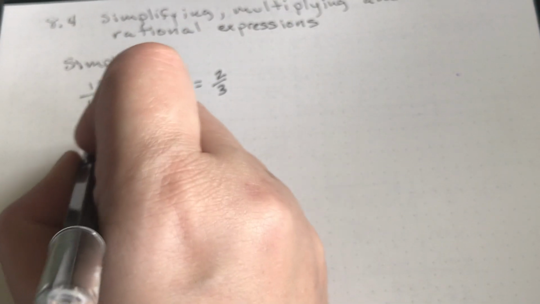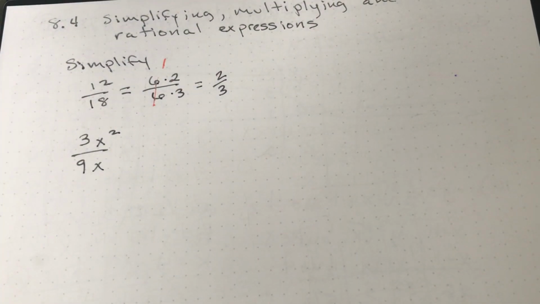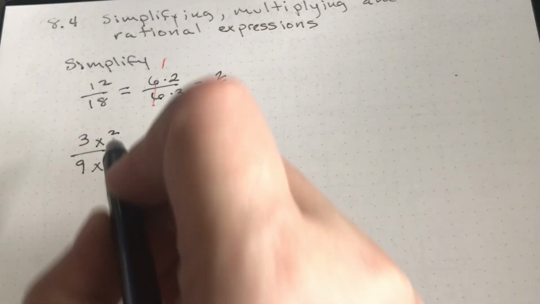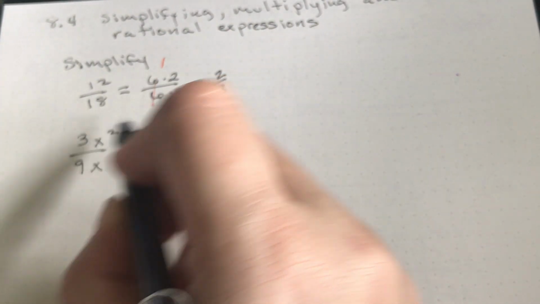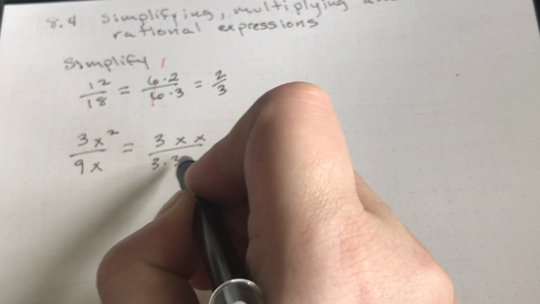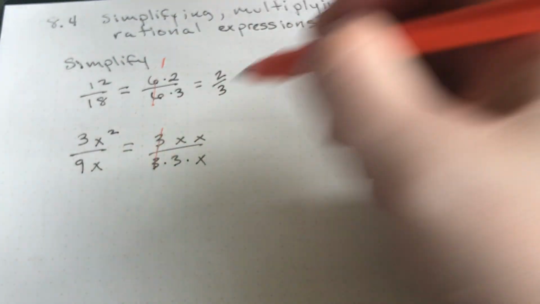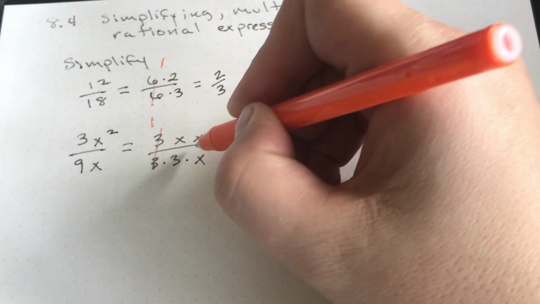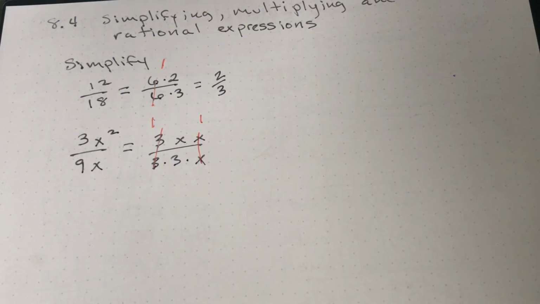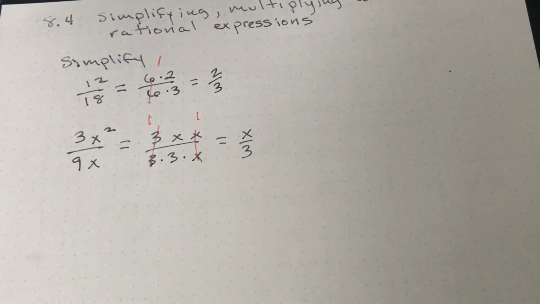If I have 3x squared divided by 9x, well, I could do the same thing. I could think of this as 3 times x times x over 3 times x, and then 3 divided by 3 is 1, x divided by x is 1, and I am left with x over 3, or x/3.